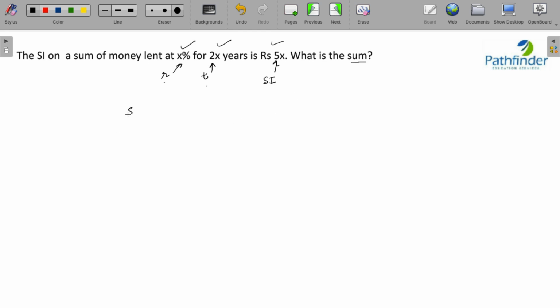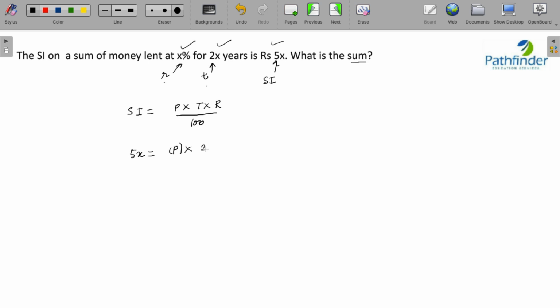So we know the formula: simple interest is equal to P into T into R upon 100. What is your principal? We don't know. We don't know the principal, but we know that the simple interest is 5x. We replace P by P only, because we don't know the principal.